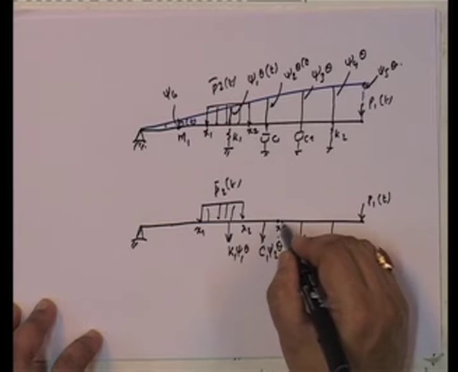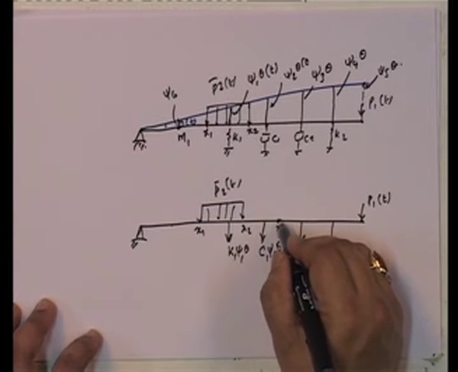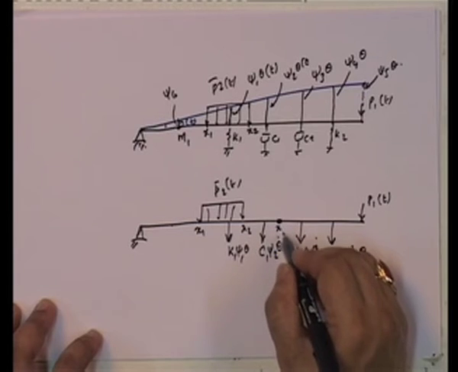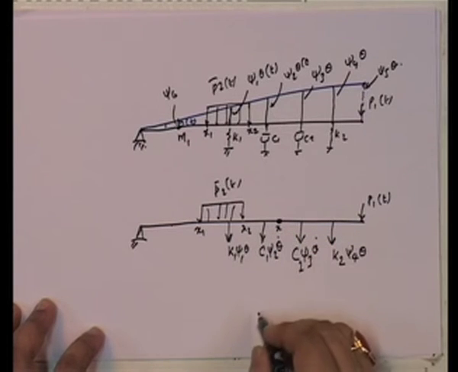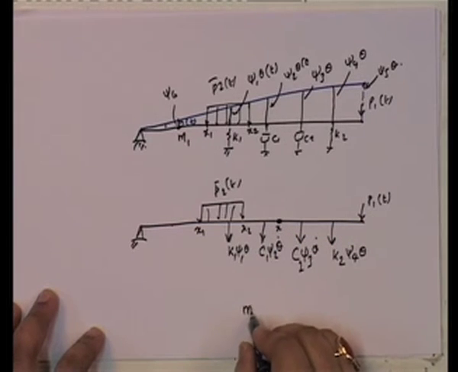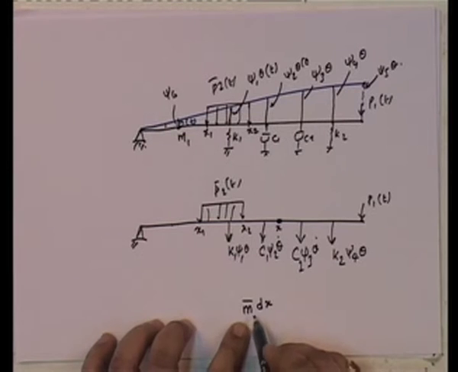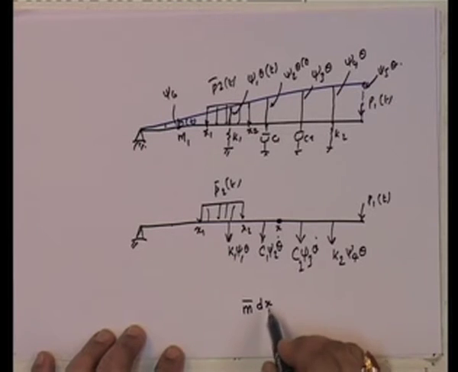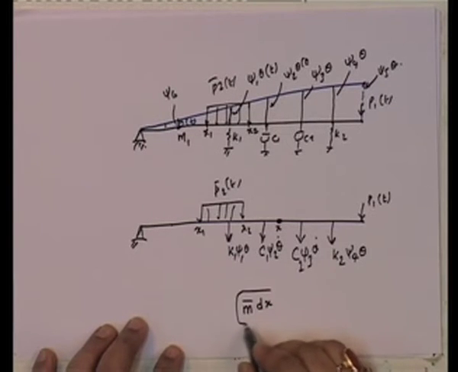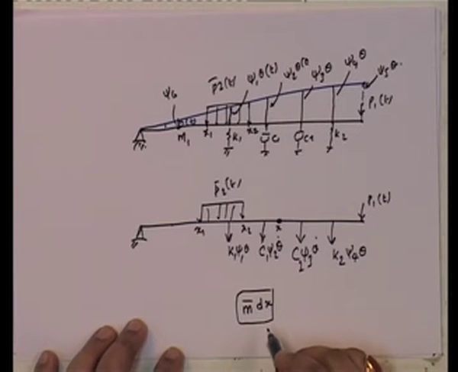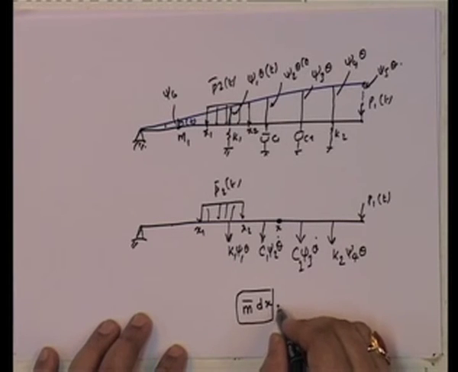The mass at that particular point over an infinitesimal length dx is going to be equal to what? The mass is going to be m bar dx, because m bar is the mass per unit length and dx is the length. Okay. And that is going to be subjected to what?